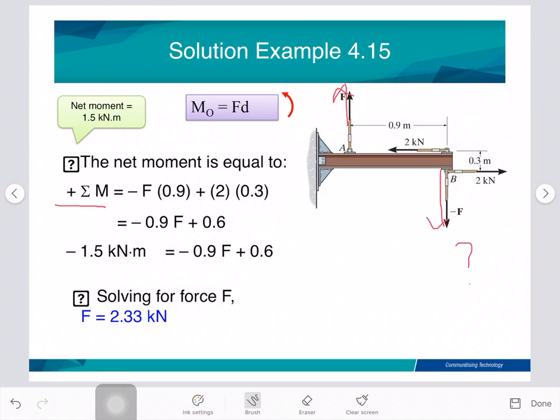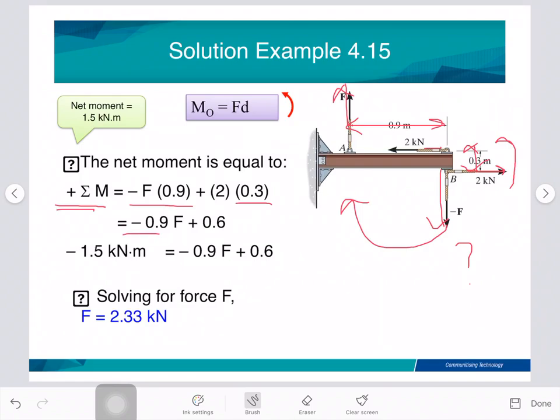Let's say we take the moment created by force times distance. So the summation of moment here is equal to this F times this distance, so negative F times 0.9 plus. Here we have to choose this horizontal 2 kilonewton, which is negative, so we choose this one. The distance is 0.3, so we have plus 2 times 0.3.